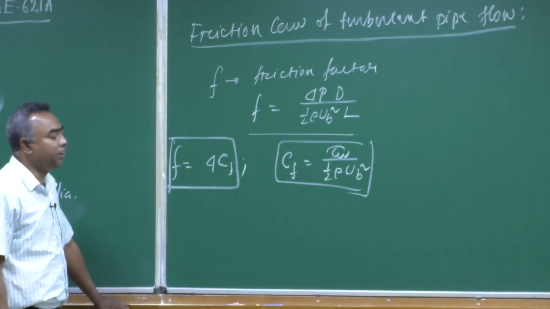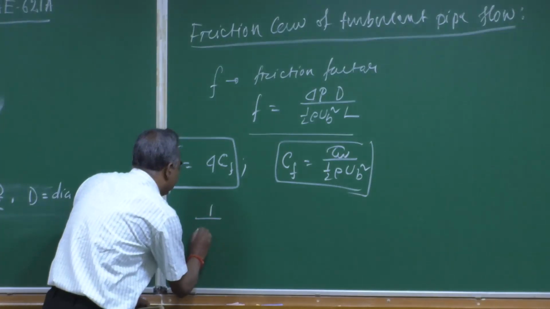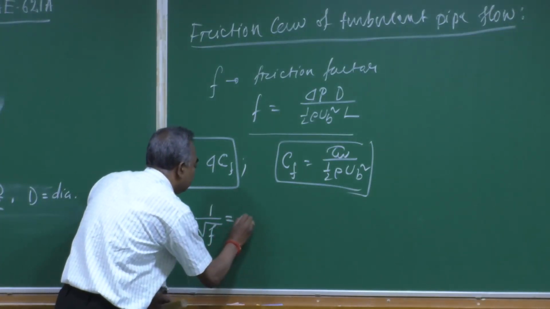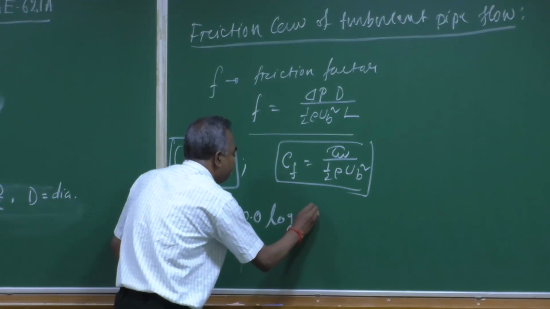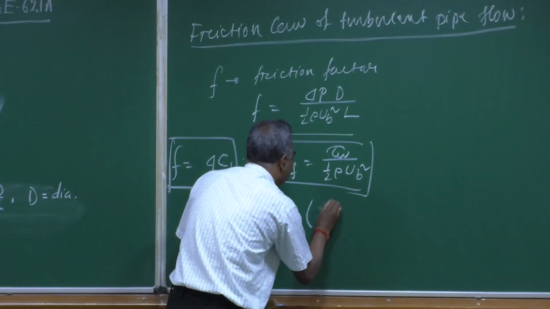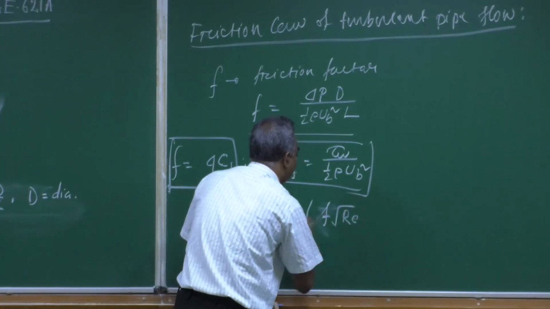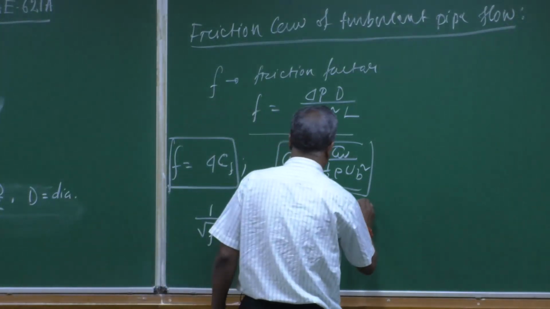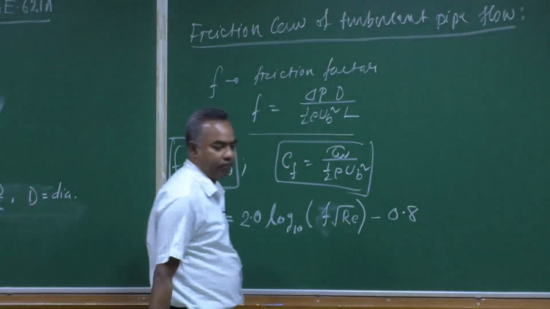Now, using the log law, one can arrive at this particular relation: 1 by square root of F equals 2 log 10 of (Re times square root of F) minus 0.8.